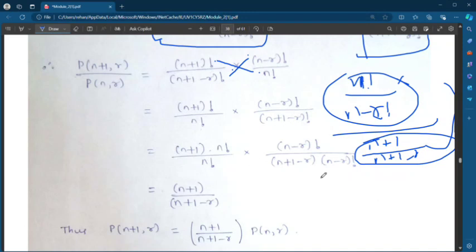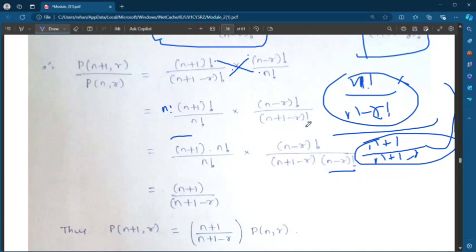So what have they done? Here they have taken n minus r outside, here they have taken n plus 1 outside. If they take this out, inside the factorial we can take this out. How? It is because this is (n plus 1) factorial, so the previous term will be n factorial. A factorial is nothing but this term into the previous term's factorial.